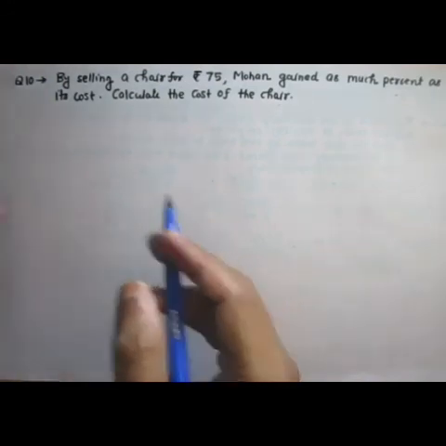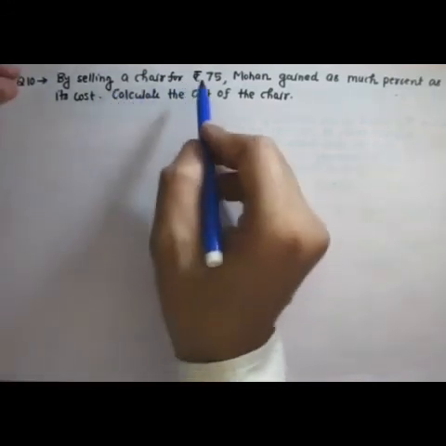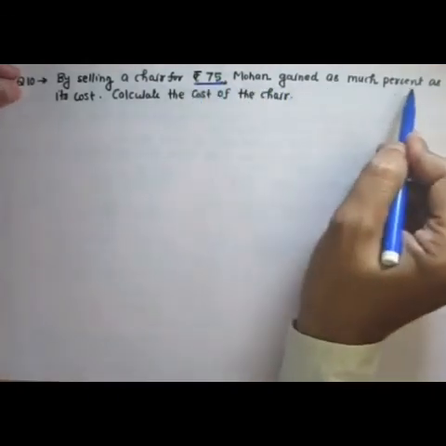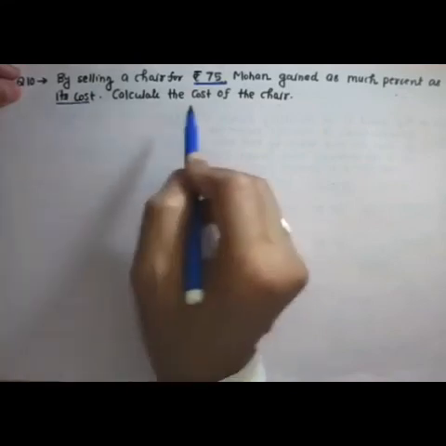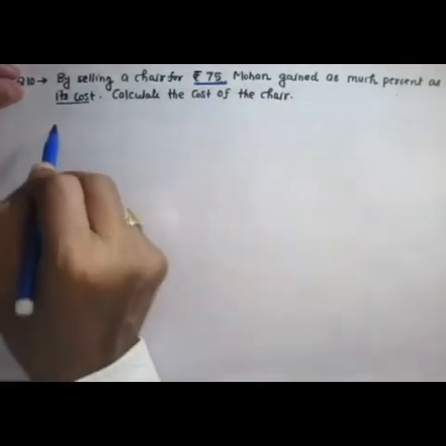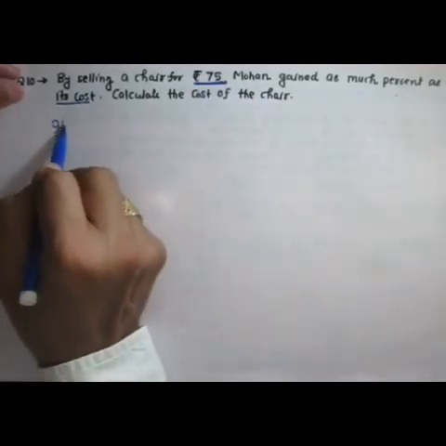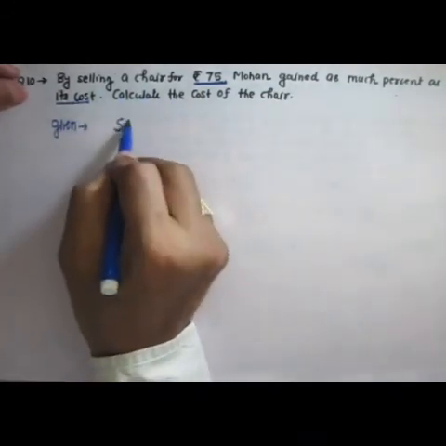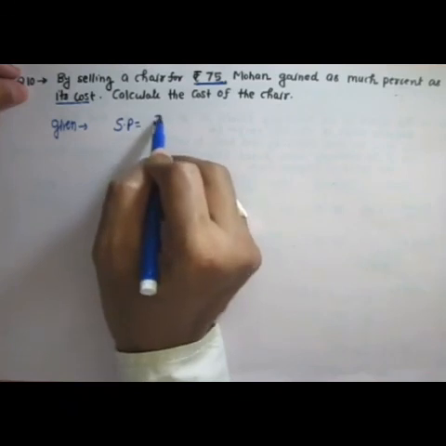Okay, question number 10. By selling a chair for rupees 75, Mohan gained as much percent as its cost. Calculate the cost of the chair. So what is given in the question? Selling price is rupees 75.